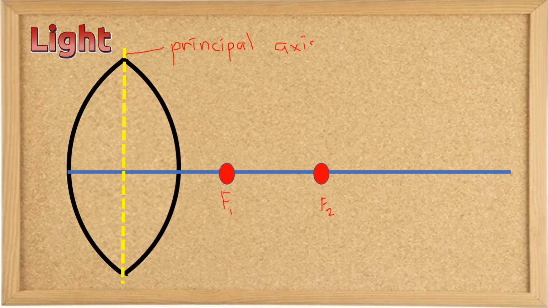Please take note, the light will bend if it hits or passes your principal axis. So this is your central point, the center point of your lens.